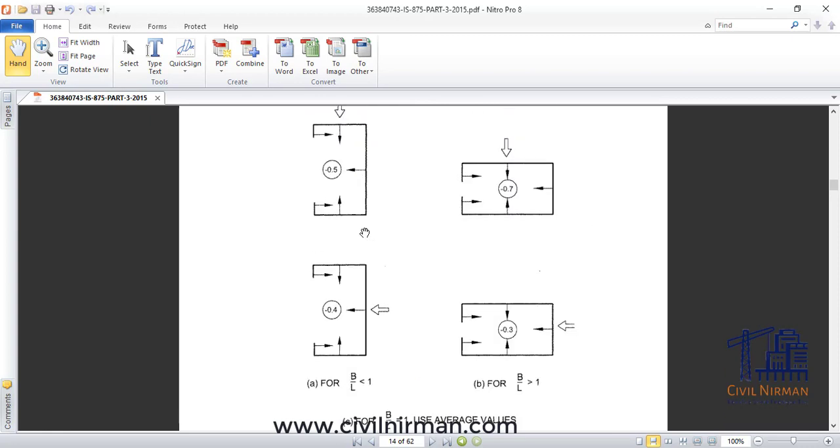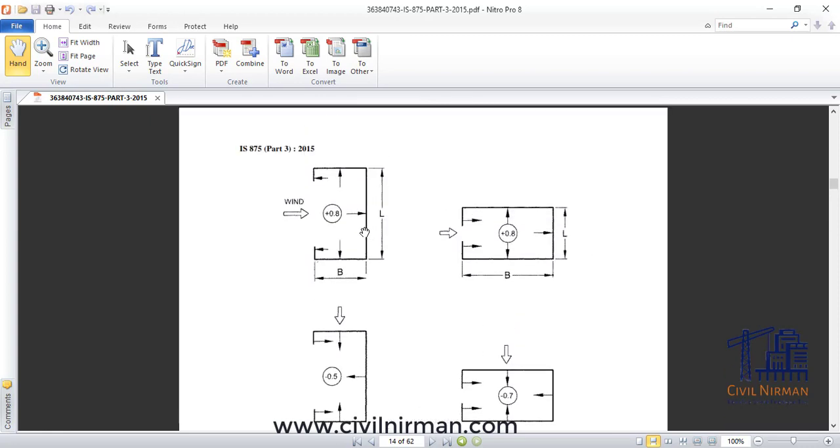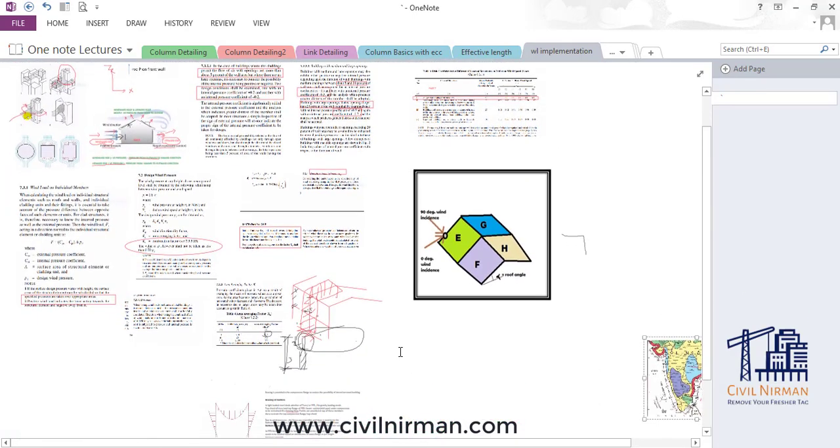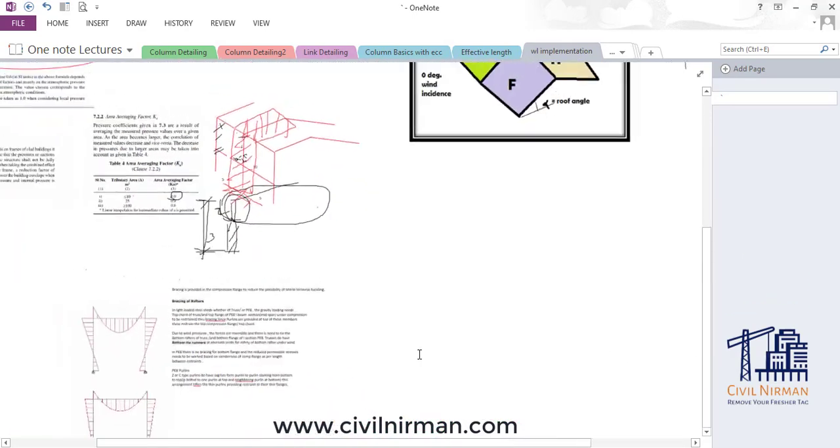Now see, your structural configuration will be analyzed for each particular direction in the code.